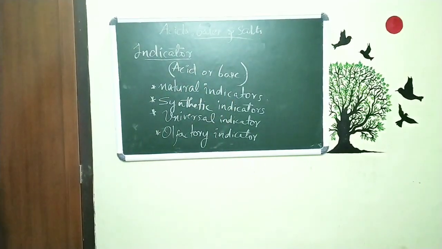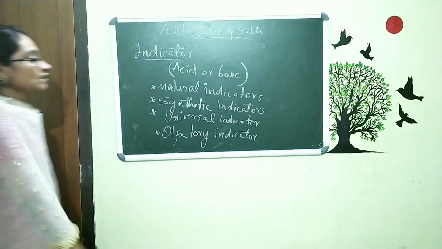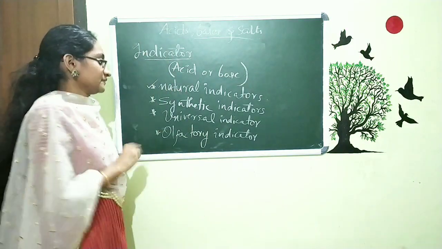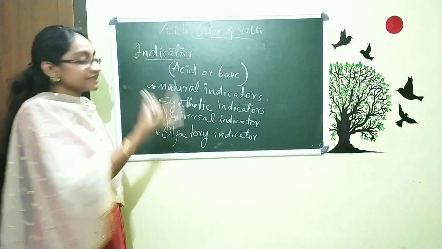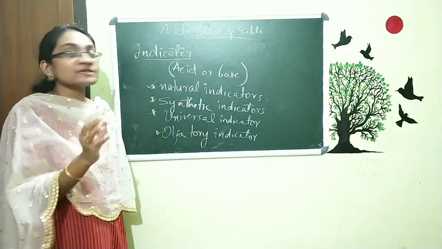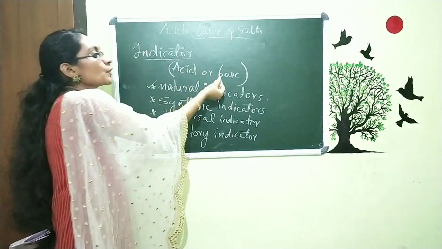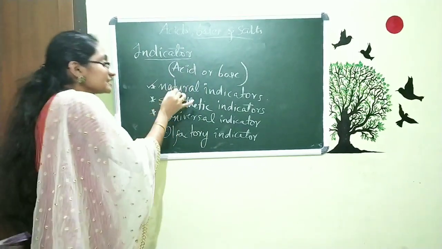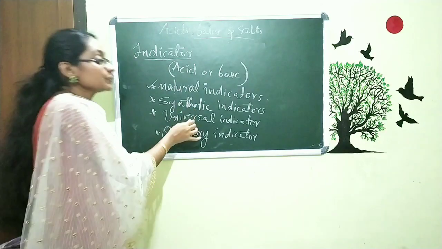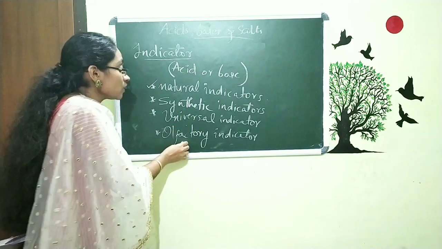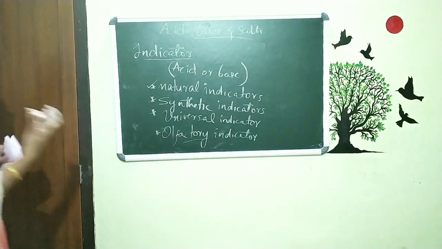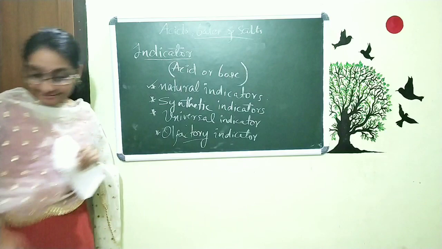Different types of indicators are there. We are using indicators to identify whether a particular substance is an acid or a base. So natural, synthetic, universal and olfactory indicators are the different types. We will explain all of these later.